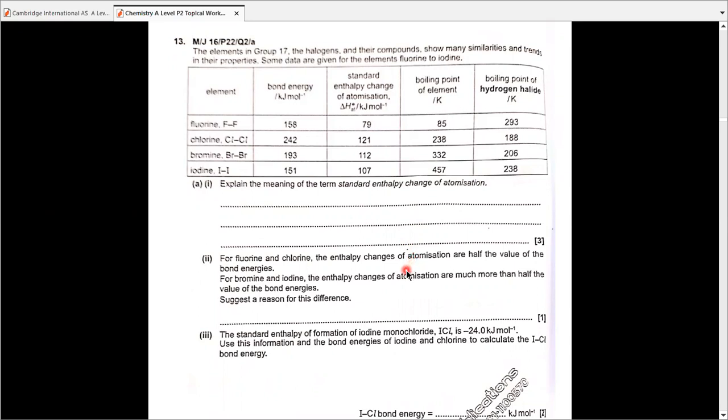It gives us 393. And then I subtracted this value with the enthalpy change, minus 24. So I got the value minus 7.